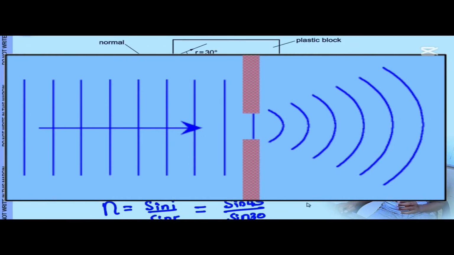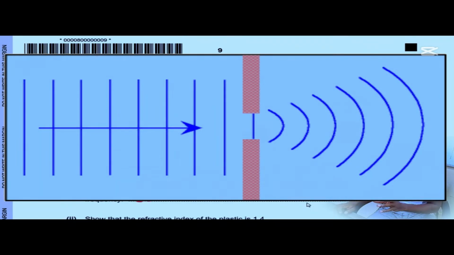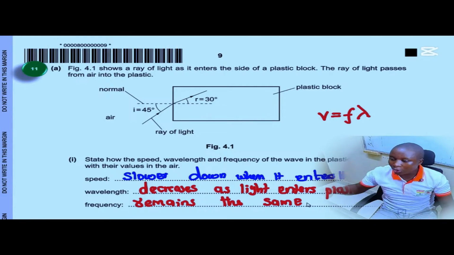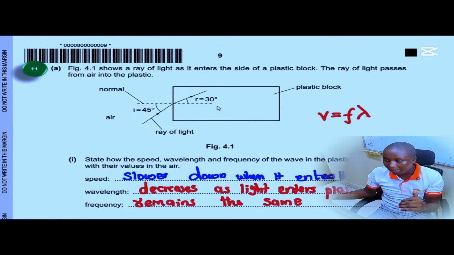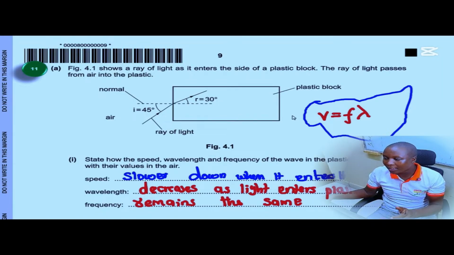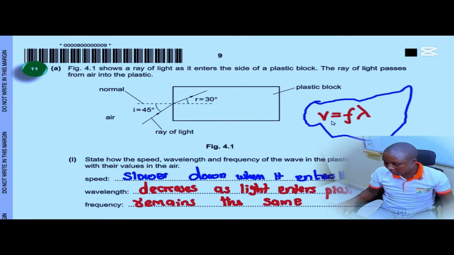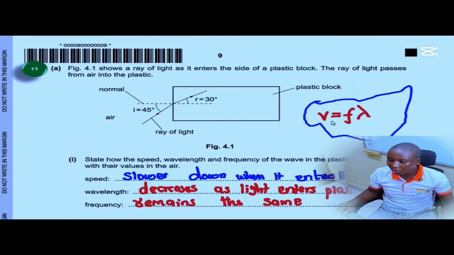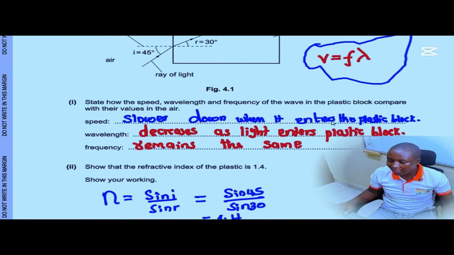What we need to remember under refraction is that in a dense medium, the wave is going to slow down. So speed is going to slow down when it enters the glass block. The wavelength also is going to become smaller, but the frequency is going to remain the same. So you need to remember also this wave equation. And of course, to work out the refractive index, you use the formula n equals sin i over sin r.